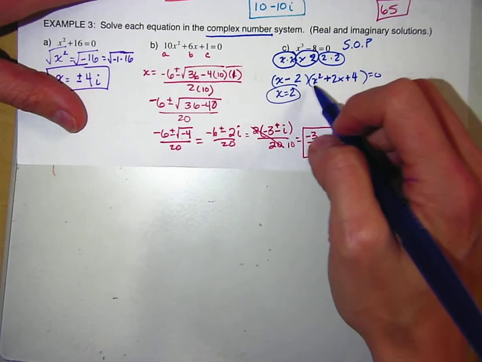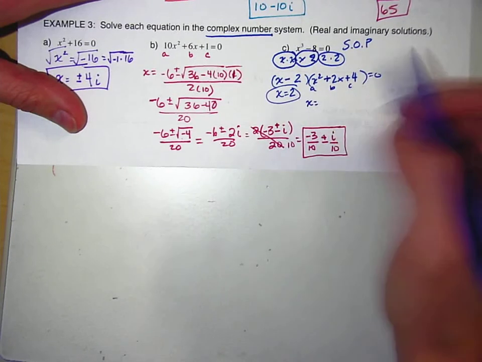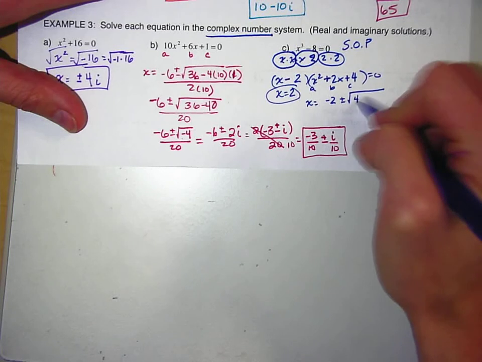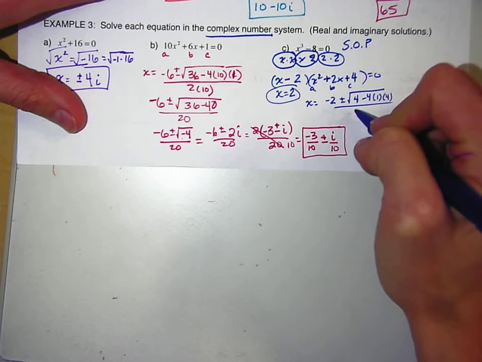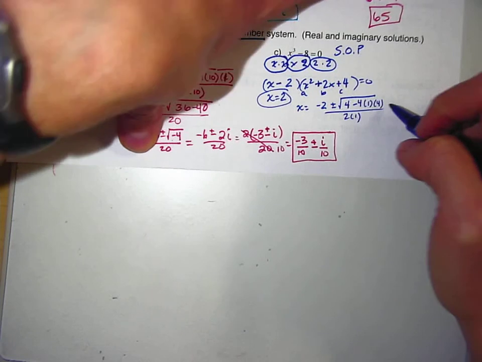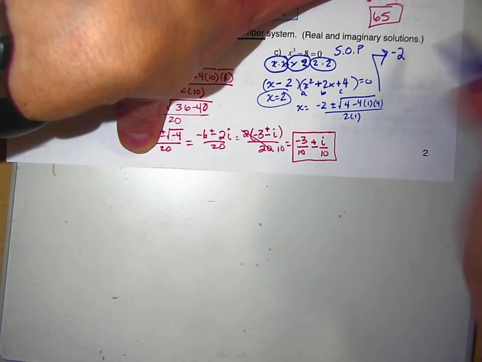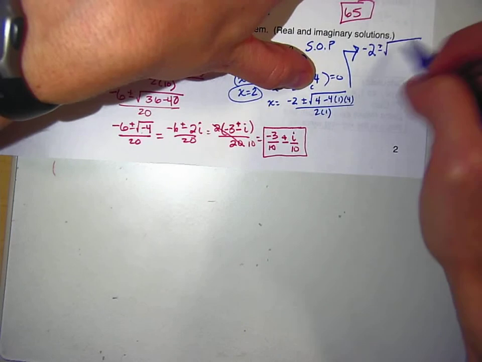So we have our a, b, c, so I have x equals the opposite of b plus or minus the square root of b squared minus 4 times a times c, all over 2 times a. And then this becomes negative 2 plus or minus the square root of 4 minus 16, over 2.